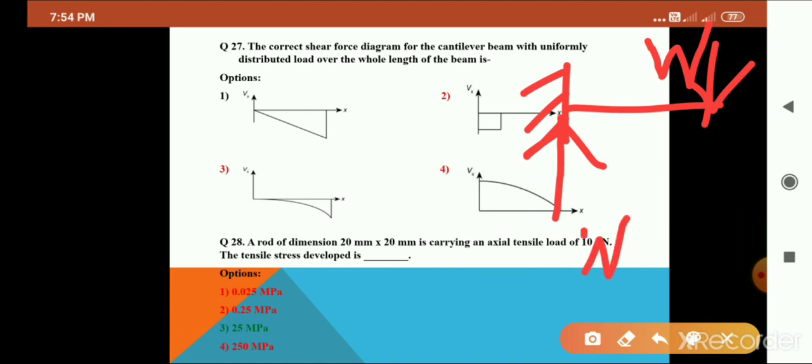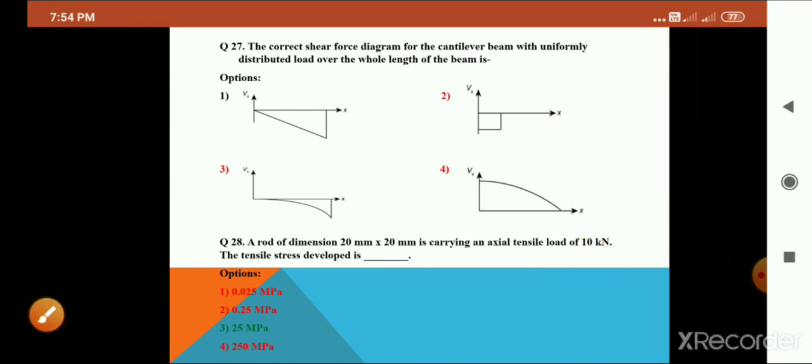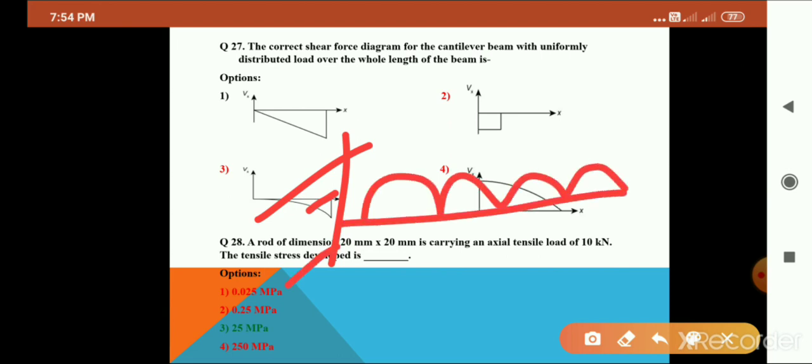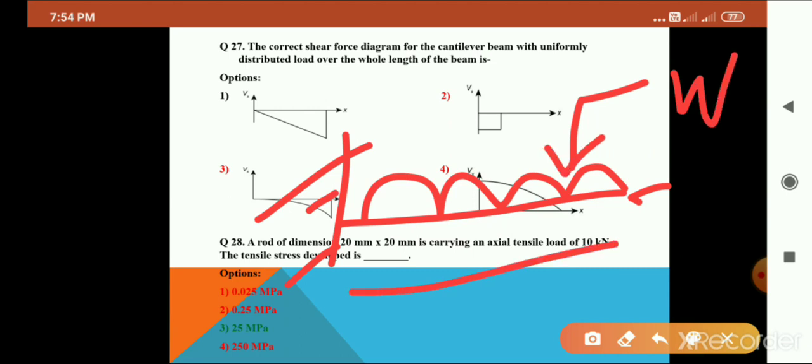Sorry, it's uniformly distributed. So for a cantilever beam with a uniformly distributed load of W, and the length is say L.